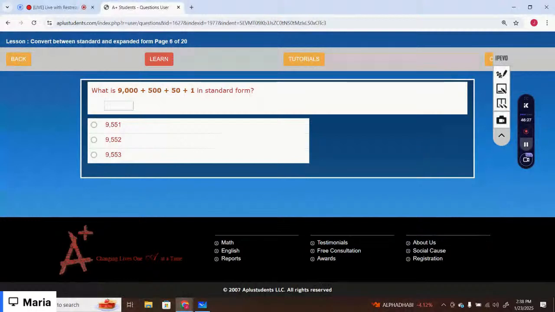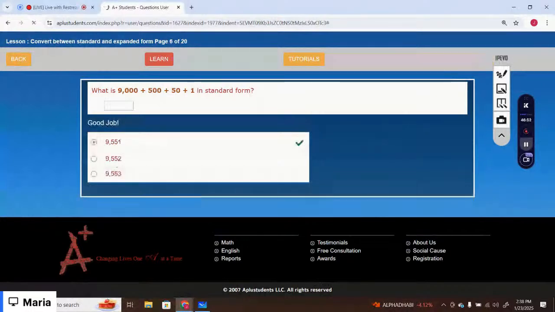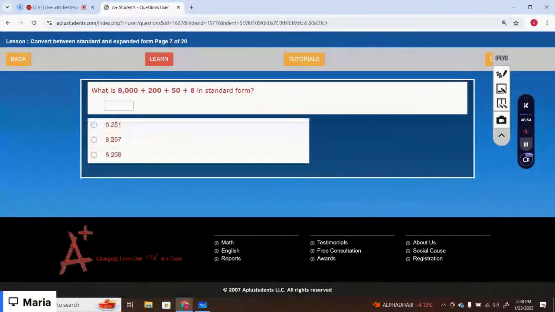What is 9,000 plus 500 plus 50 plus 1 in standard form? That is 9,551. Option number 1 is the correct option.